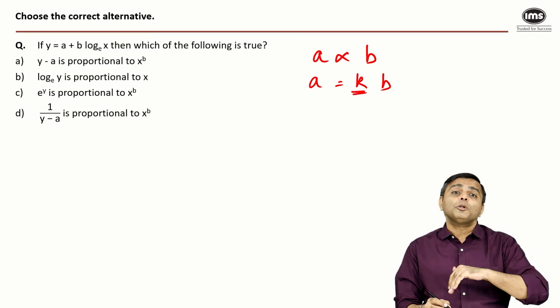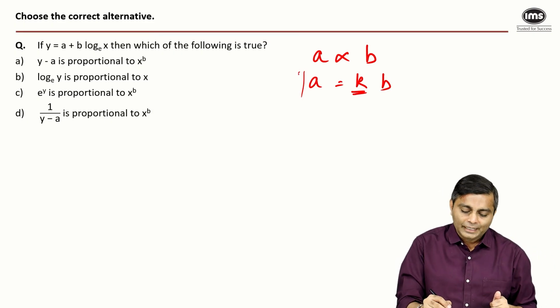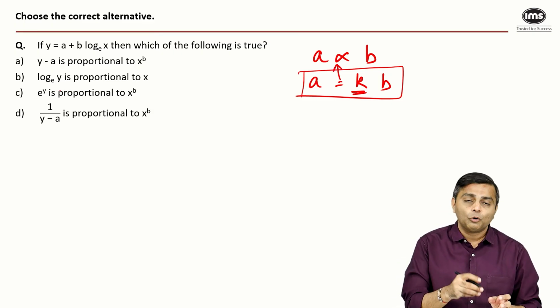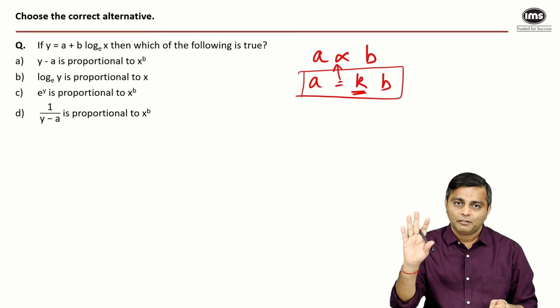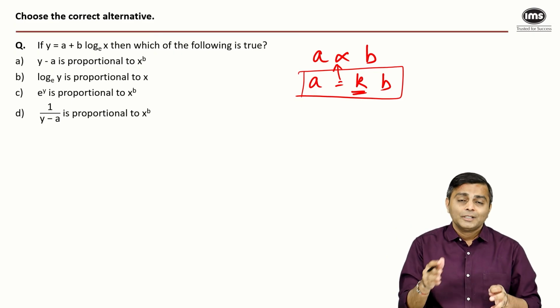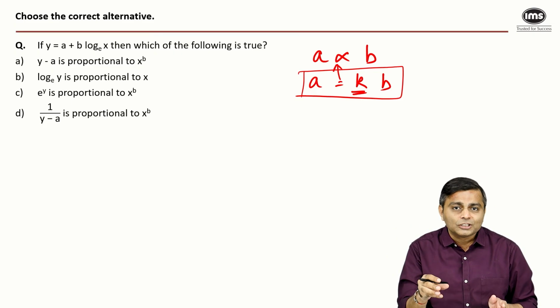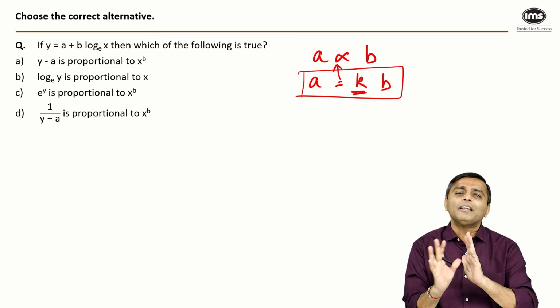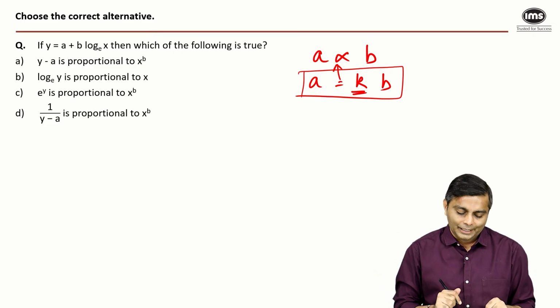Which means if I have to reach proportionality, I need to basically write the whole equation, y is equal to whatever they have given, in the form of something is equal to constant times something. Then I will be able to reach somewhere. So, broadly, this is the direction that we are going to take.